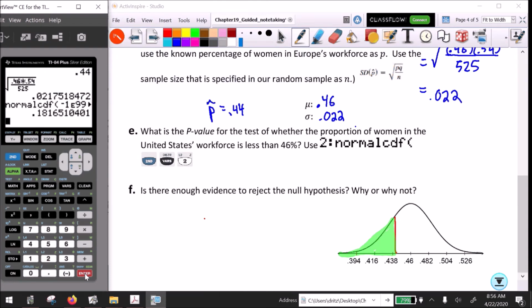Alright, so there is a p-value of 0.182 if I round that. The p-value is 0.182, or 18.2%.